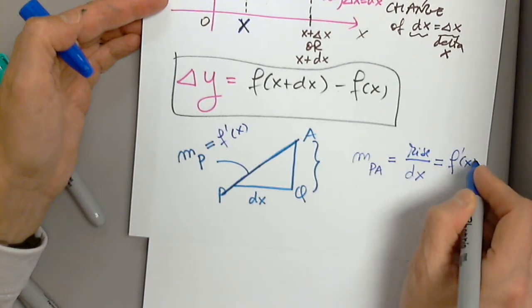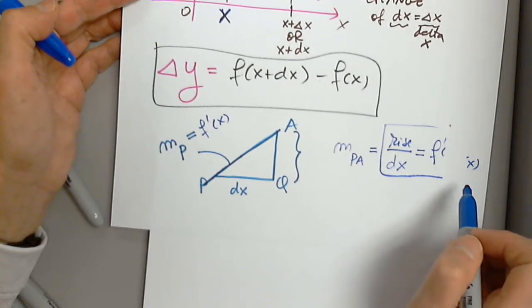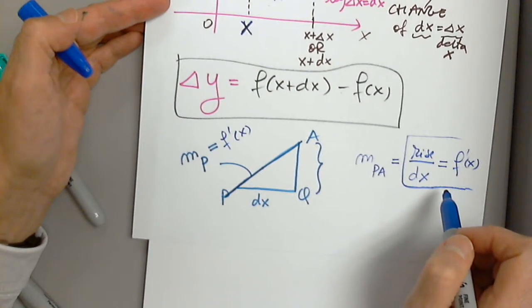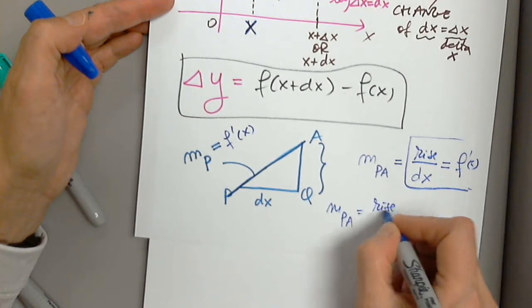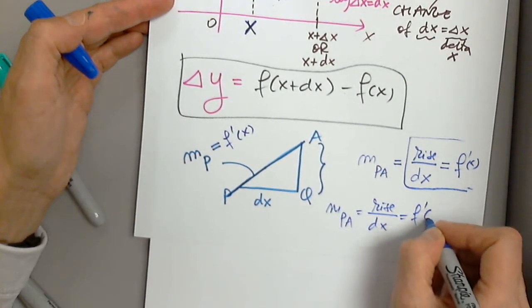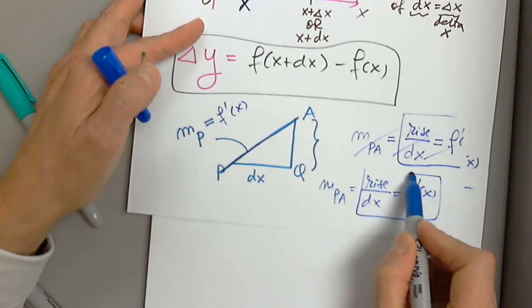Good. So now look at this equation. Oh, look at that. Look what I did. I'm going to have to write it again. Rise over dx equals f prime of x. So disregard this one. So now look at this equation.